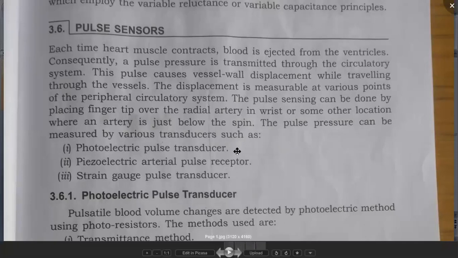When there is pressure at the peripheral area of the finger, you will get some pressure variations, and that pressure variation will be identified by using pulse sensors. Here we have three types of transducers: the photoelectric pulse transducer, the piezoelectric arterial pulse receptor, and strain gauge pulse transducers.